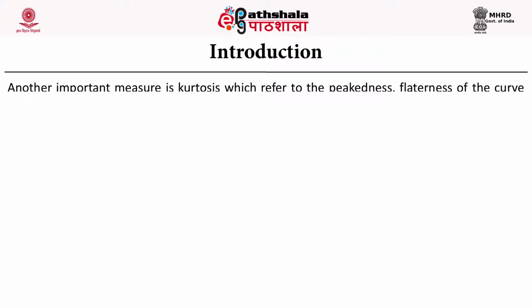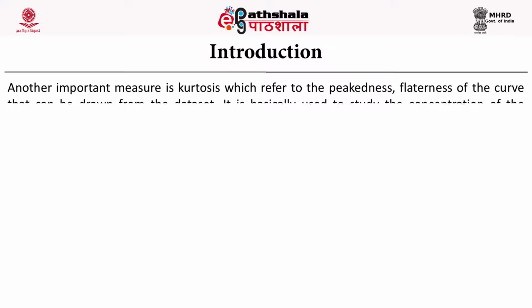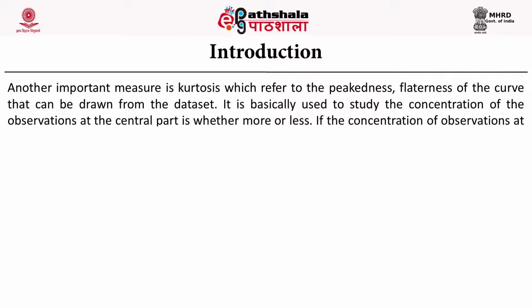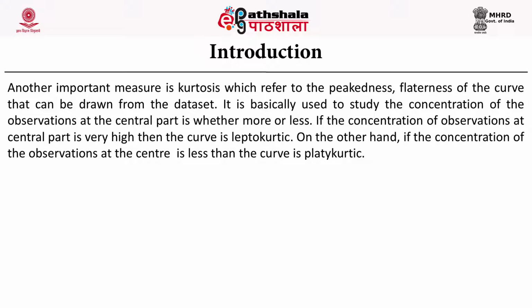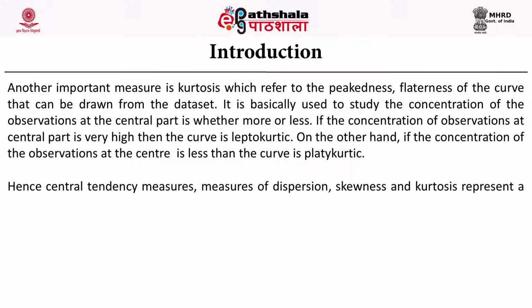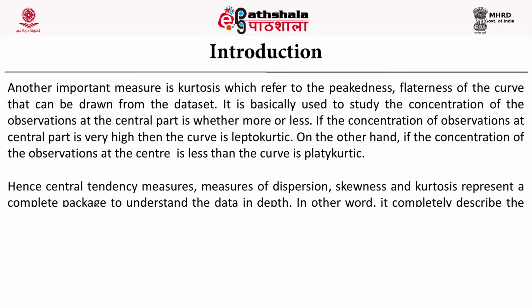Another important measure is kurtosis, which refers to the peakedness or flatness of the curve that can be drawn from the data set. It is basically used to study whether the concentration of the observations at the central point is more or less. If the concentration of observations at the central part is very high, then the curve is leptokurtic.